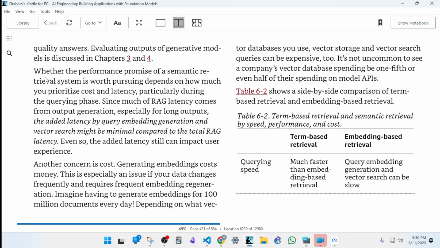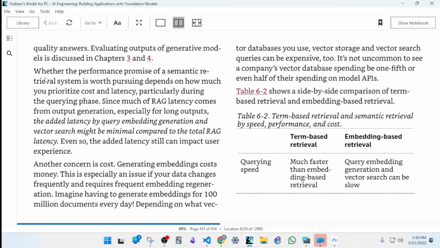Imagine having to generate embeddings for 100 million documents every day. Depending on what vector databases you use, vector storage and vector search queries can be expensive too. It's not uncommon to see a company's vector database spending be one-fifth or even one-half of their spending on model APIs.